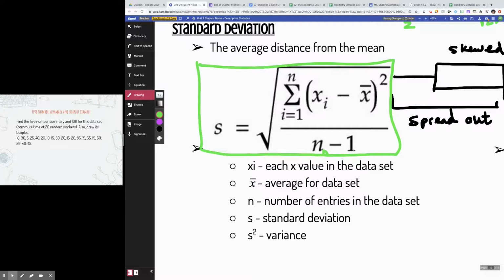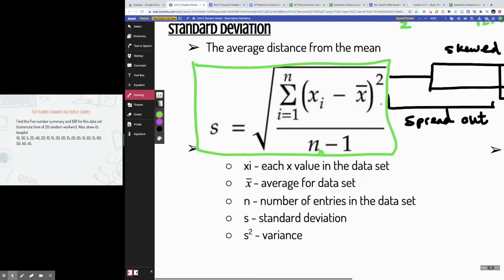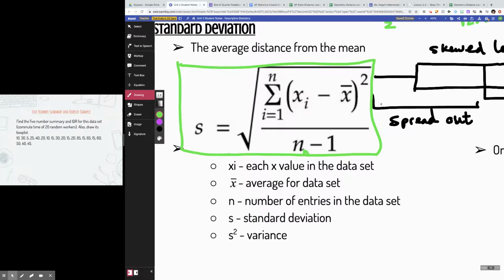So in the next video, I'm going to break down the parts of this and what each part of the standard deviation is and what it means. You do want to watch it even just for the beginning so that you can get what the interpretation of the standard deviation is. 'Cause that is a common question that is asked in multiple choice type questions and even in free response questions for stats, right?